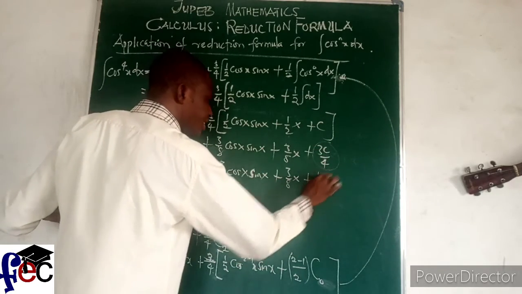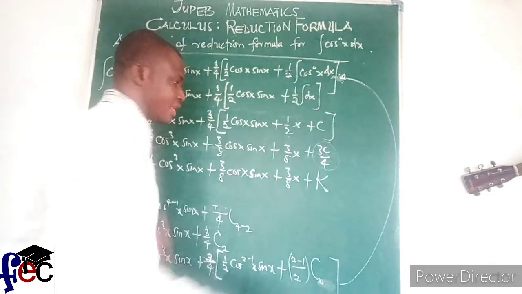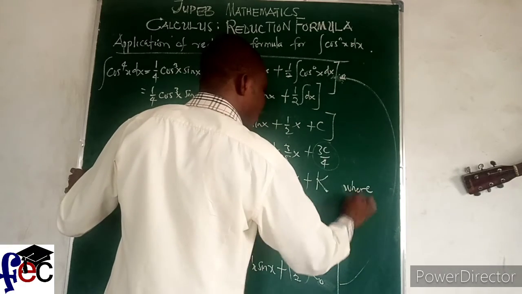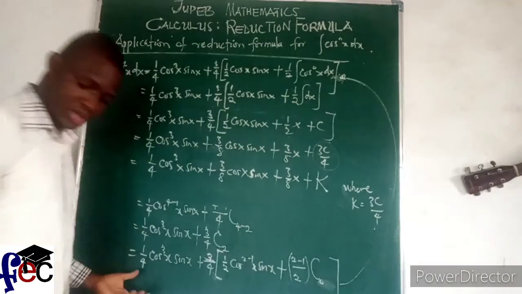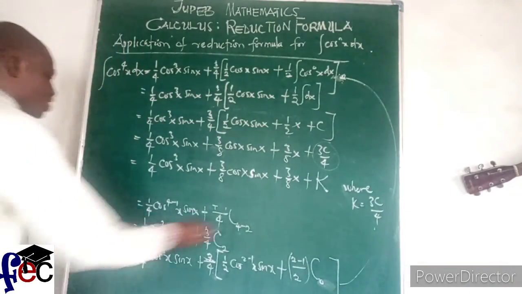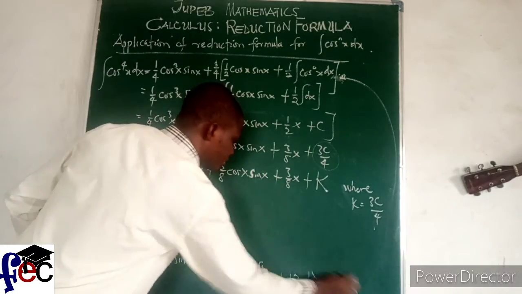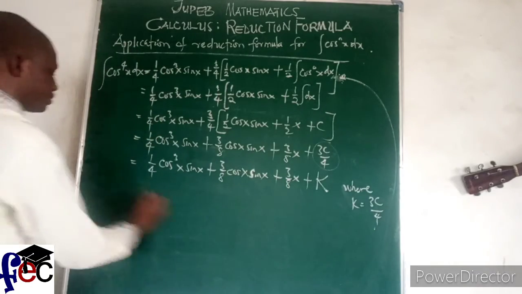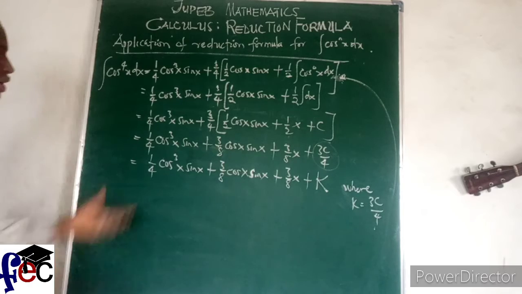If I like, I can call it k, or I can call it c sub 1, whatever, but I will now have to state where my k is equal to what? 3c over 4. Okay, so that is the final expression for the integral of cos x raised to power 4.